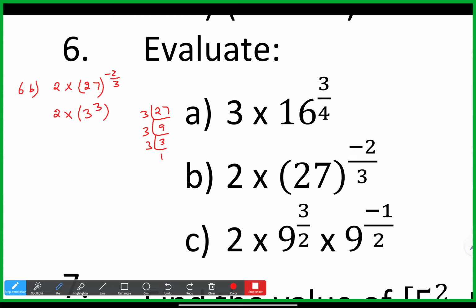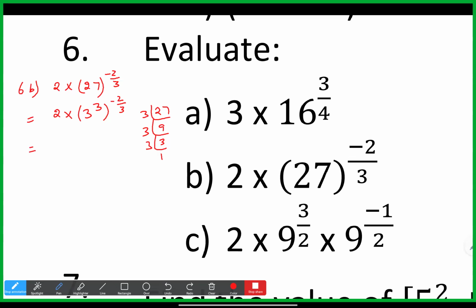Power minus 2 by 3. Now again the same law for this: a power m whole power n is a power m n. Can you tell what I have to write now?